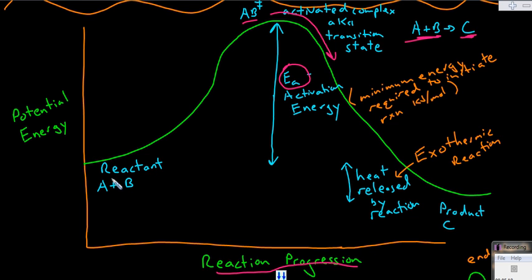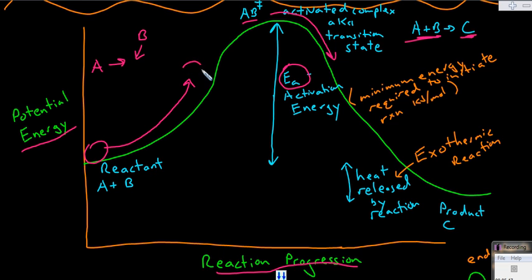So what might happen is A and B might be moving along and they might then collide with each other. Now, when they collide with each other, they had speed of motion, they had kinetic energy, but that kinetic energy is turned into potential energy. And then as they get closer and closer together, that kinetic energy turns into potential energy and the reaction proceeds.